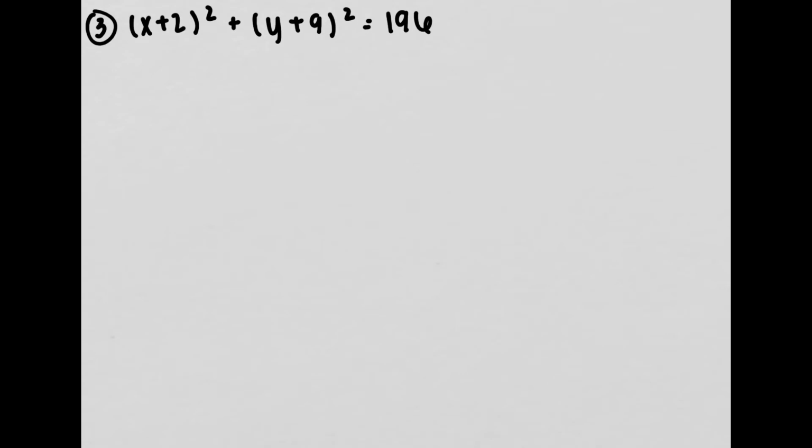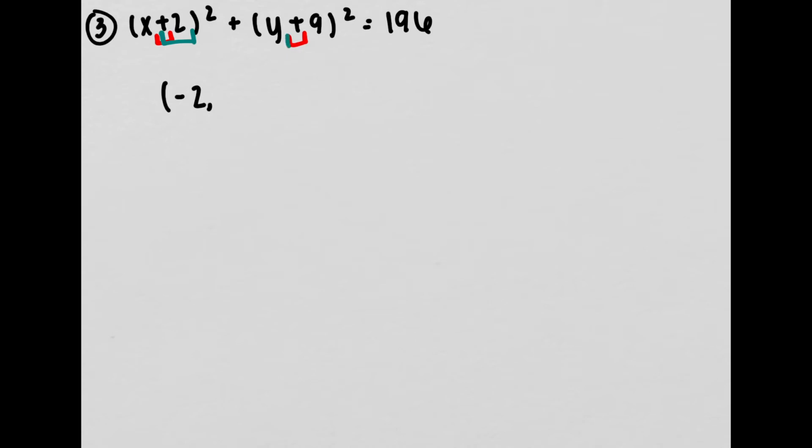My last example of this type is (x + 2)² + (y + 9)² = 196. What's different here is that in our parentheses we have these plus signs, so that's going to change our center. I have the plus 2 as my x coordinate, and you think the opposite. So instead of positive 2, I'm going to have negative 2.